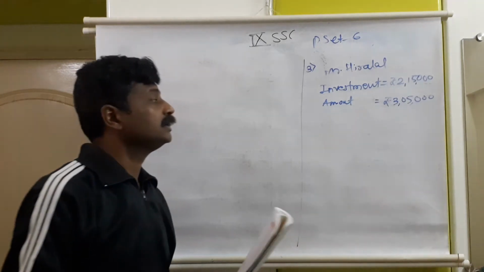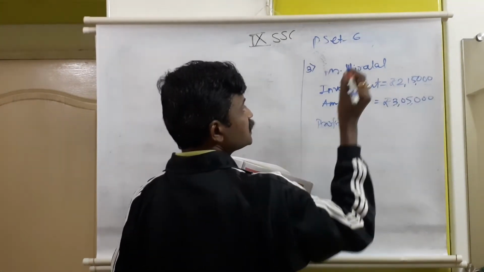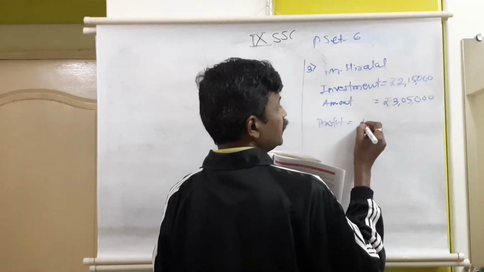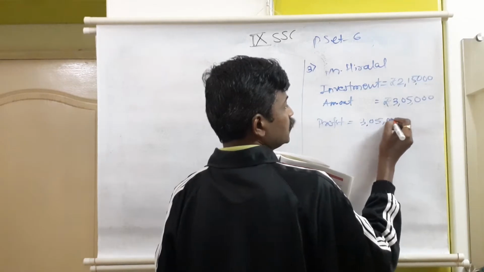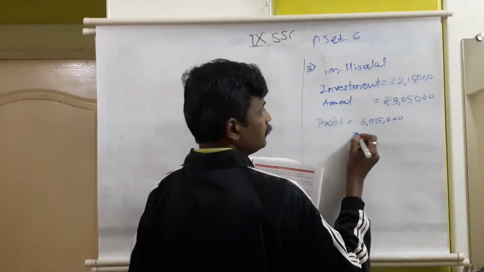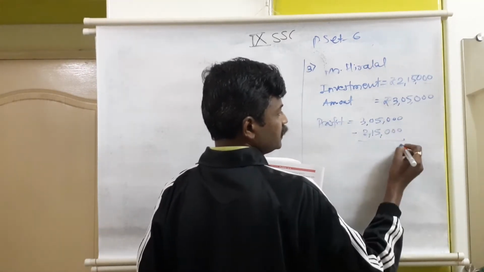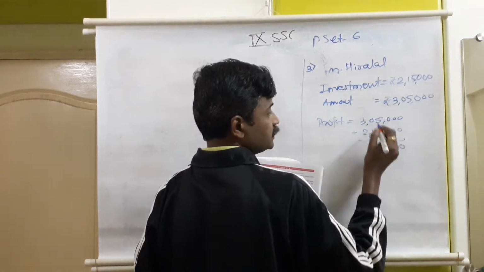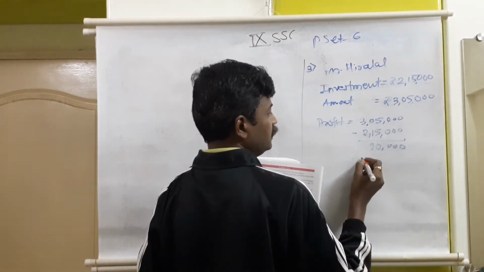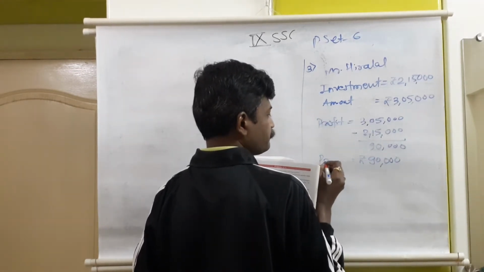So his profit will be equal to the amount received minus the investment, that is 3,05,000 minus 2,15,000. So we get 5 minus 5 is 0, 10 minus 1 is 9, so 90,000 rupees will be the profit for Mr. Hiralal.